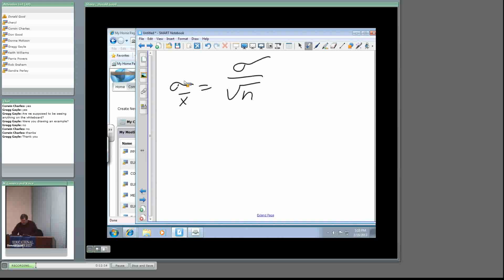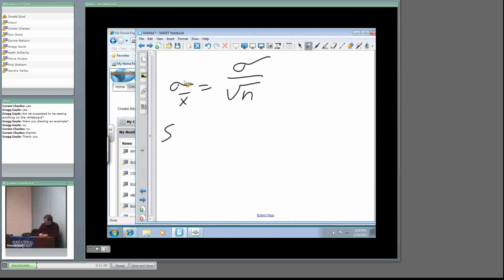Now, there's an example. Actually, the example is spread throughout this chapter like I told you it would be. We know that the SAT has a particular mean and standard deviation.